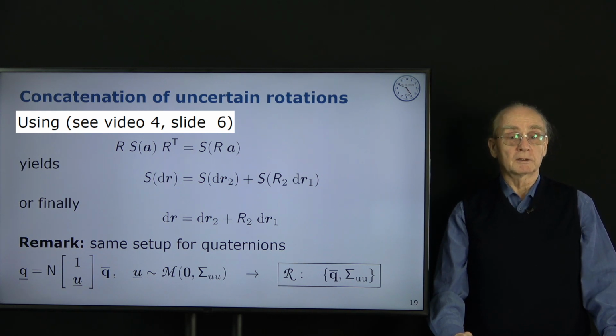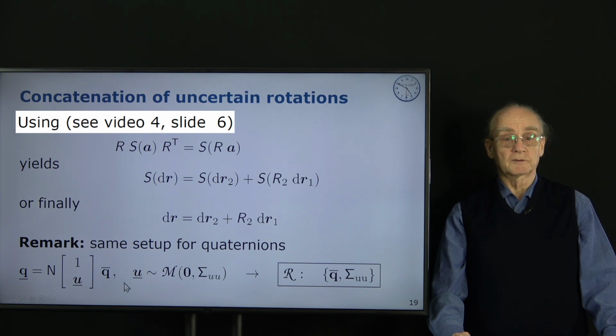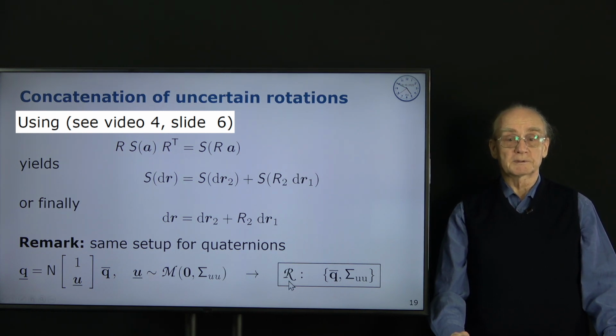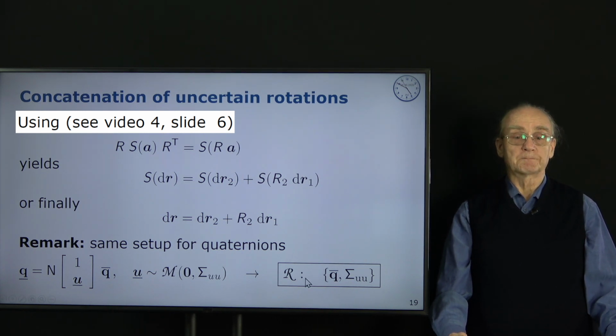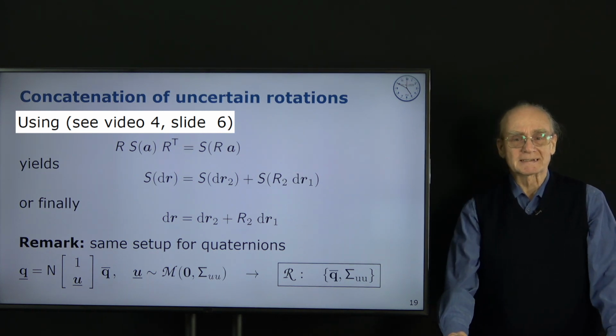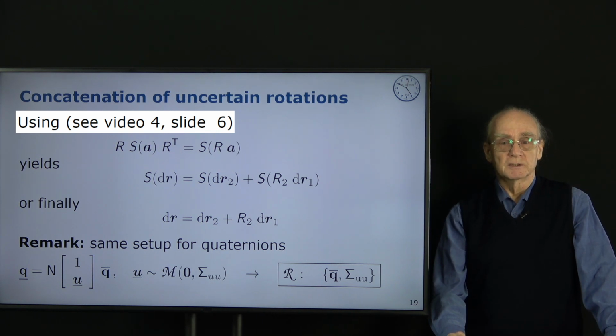And you describe the uncertainty of this quaternion by the covariance matrix of this parameter u. You see, we use here the Cayley representation for this value. And that means we can represent a rotation by a mean quaternion and the covariance matrix of the Cayley parameters. We could also take different parameters, if you have here m half, we could also do the same thing. So what we discussed for rotation matrices can be extended to the other representations easily.